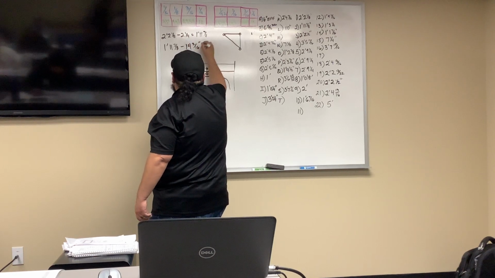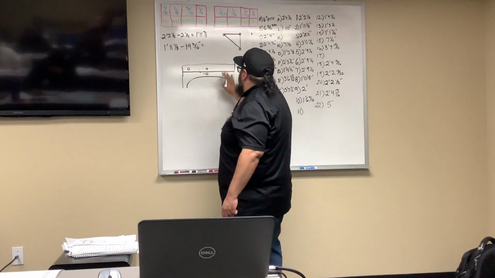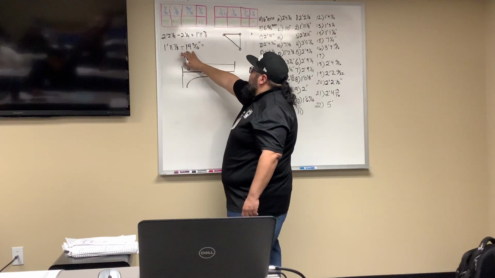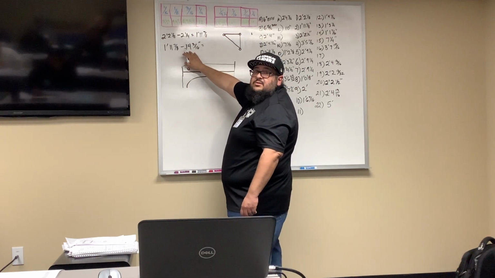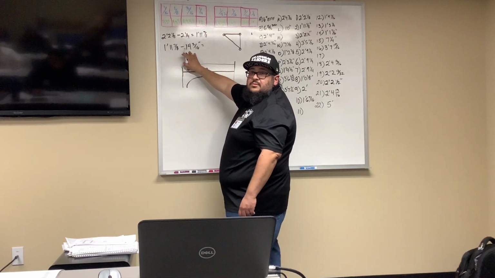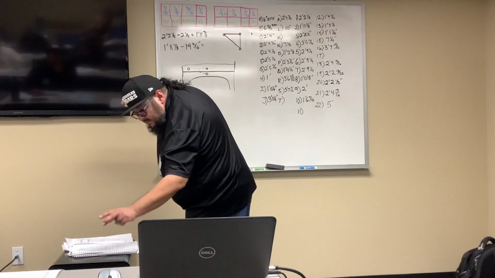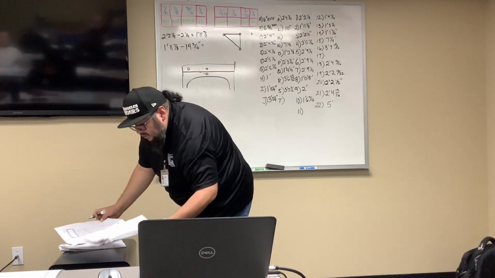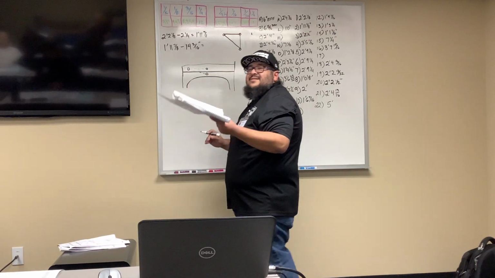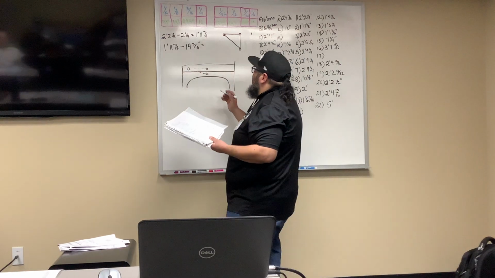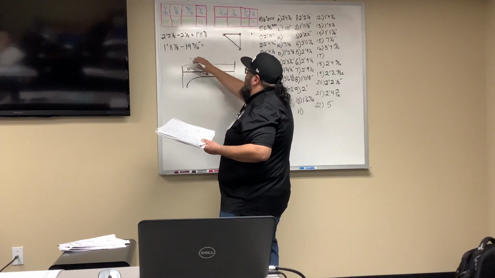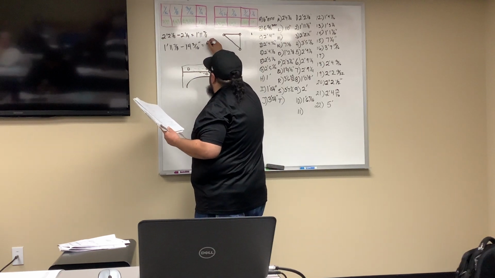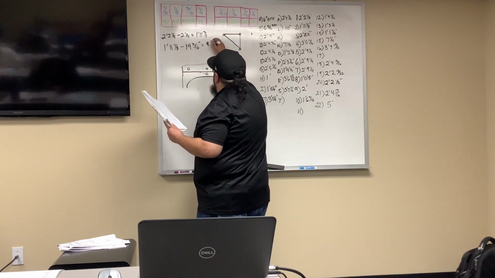It's the center of the drain. That's 14 inches, and the other is 1 foot 2, feet and inches. So when you subtract that, you get a total of 9 and 11/16.